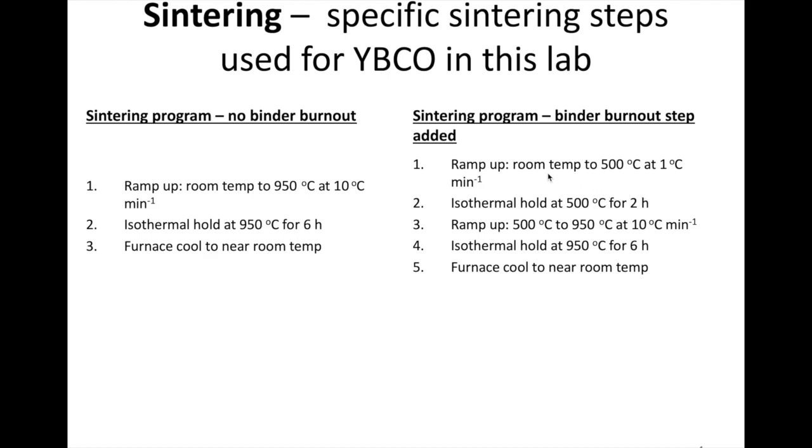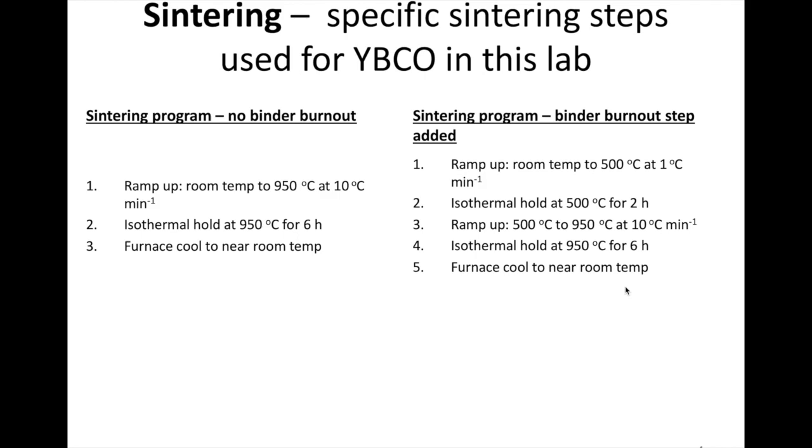Here, we're going to go from room temperature to 500 degrees Celsius at 1 degree per minute, so the rate is 10 times slower. Once it gets to 500 degrees, it holds there for 2 hours before ramping up to the final isothermal temperature of 950 at the normal rate of 10 degrees per minute. It's the same from there: another 6 hour hold, and then furnace cool back to room temperature.